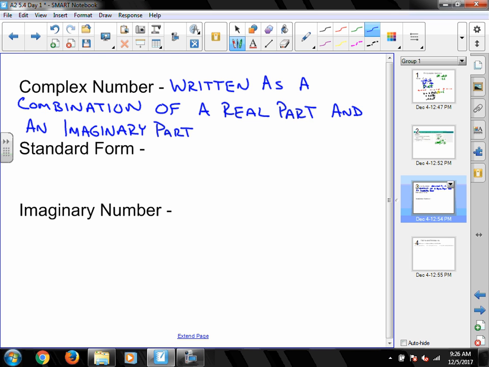When I say imaginary part, no, I do not mean that it is just made up. That is just what it's called because it's not real. So what I mean by standard form, and I'll show you what I mean by the real part and the imaginary part, this is standard form, and this is how I want you to write all of your complex answers.